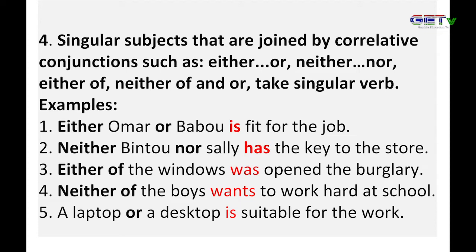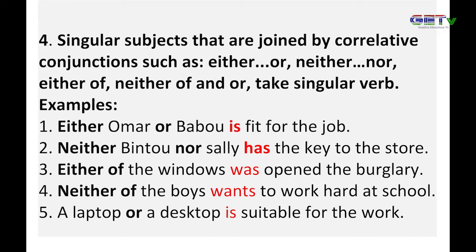For instance, you say, Omar and Babu are fit for the job. But either Omar or Babu is fit for the job. You cannot say either Omar and or Babu are fit, because either or is a correlative conjunction. And when correlative conjunction joins two subjects, it takes singular verb.